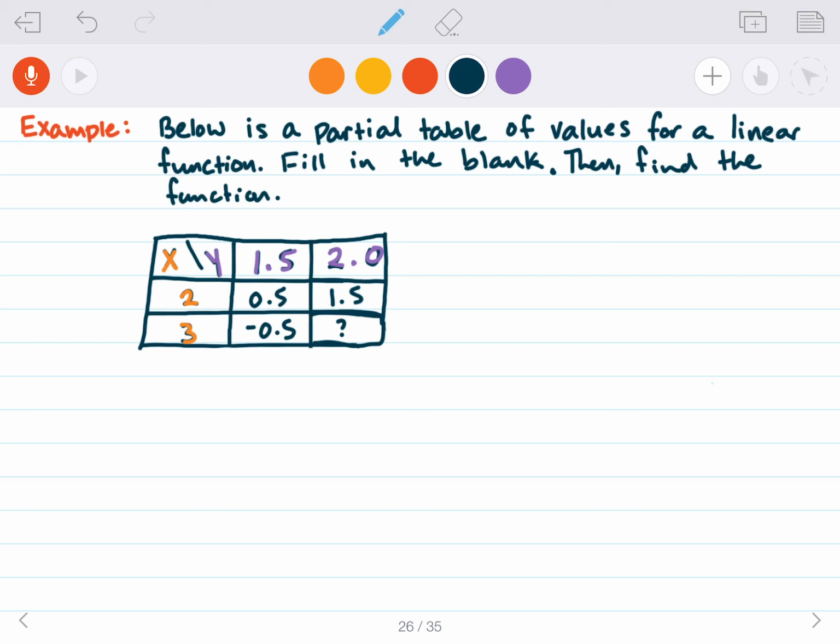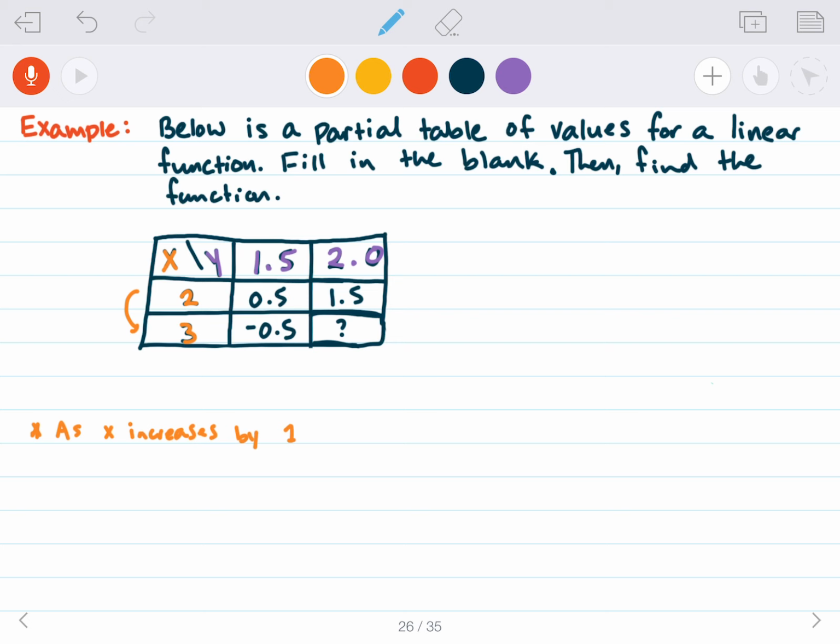So what's happening to z as x increases, and what's happening to z as y increases. So for x, as x increases by 1, right? Because we're going from 2 to 3. So as x increases by 1, what's happening to the z values?